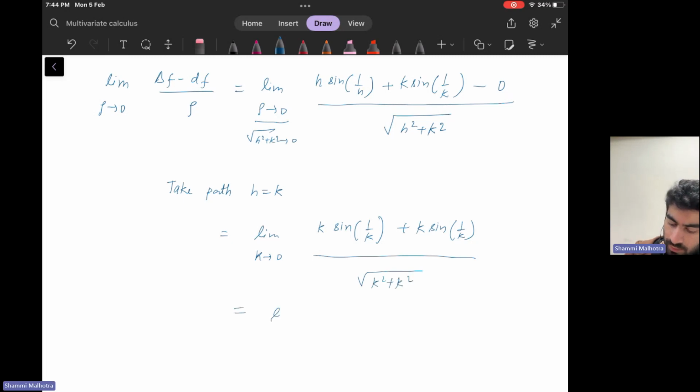This is nothing but limit k tending towards 0 of 2k divided by root 2 mod k, times sine 1 by k.